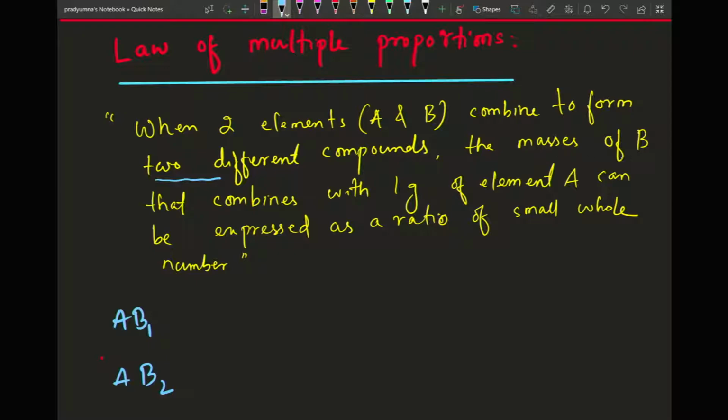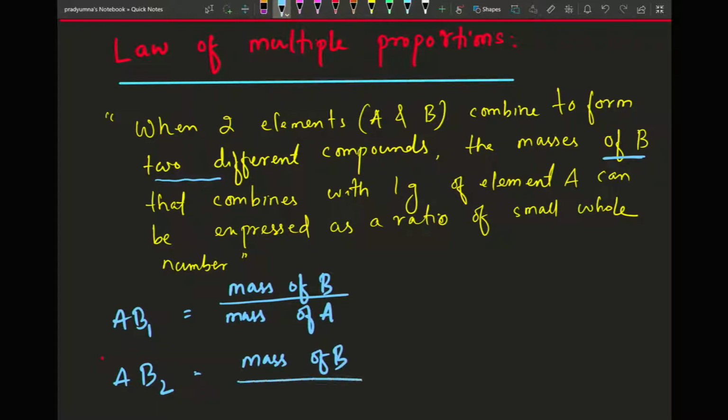The masses of B that combine with 1 gram of element A. So what this tells us is, here we have mass of B divided by mass of A, and here we also have mass of B divided by mass of A. So once we figure out this ratio, let's say the ratio is x to 1.